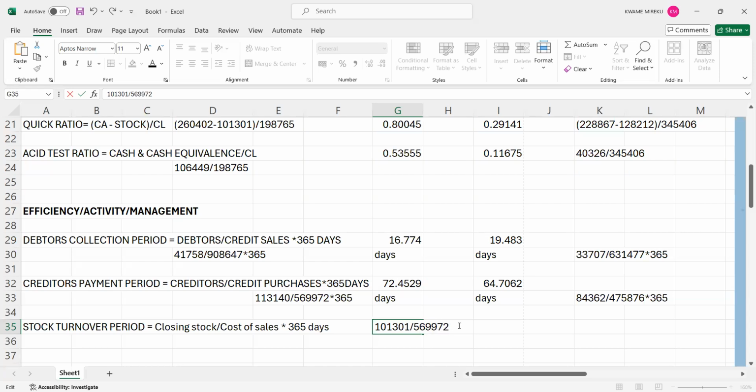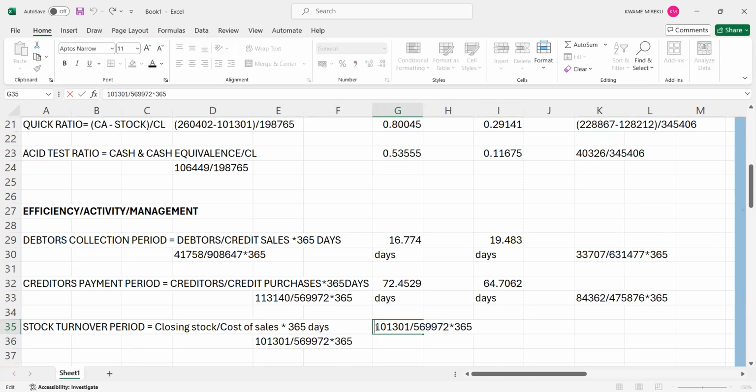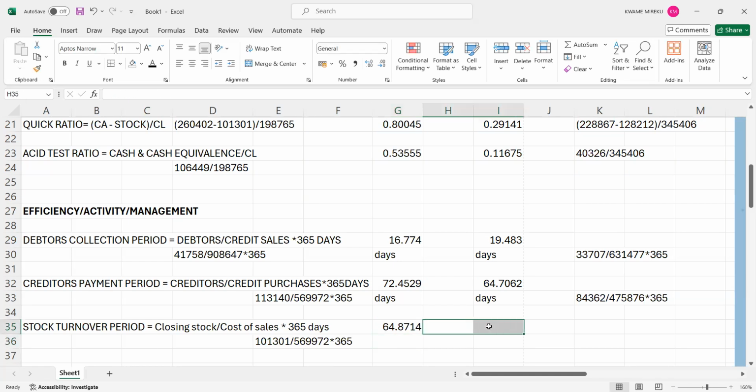This times 365 days. So let me copy, leave it here for future reference. I can put the cost of sales there to get my answer. Okay. Measured in days.